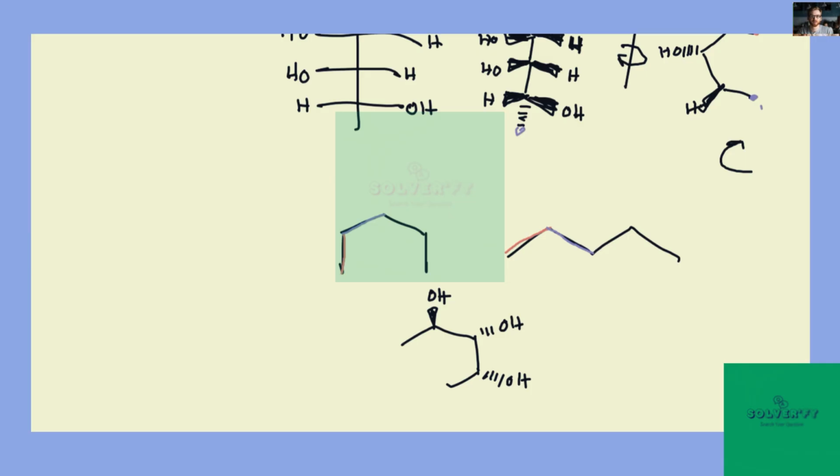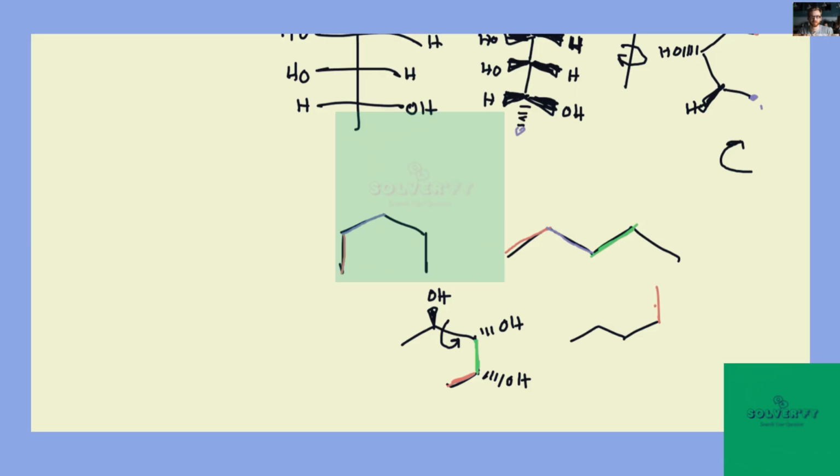Now what we need to do is take this bond and have it point up and to the right instead of down. The way we do that is we rotate about this bond by 180 degrees. So now our tail piece, rather than pointing down to the left, will be pointing up.